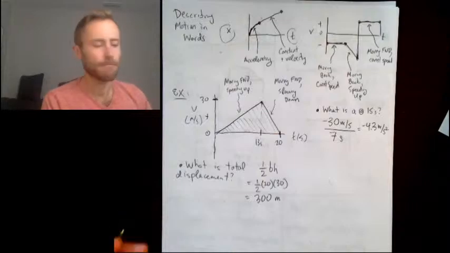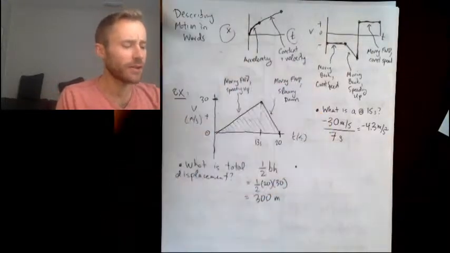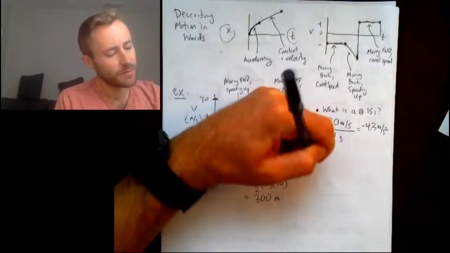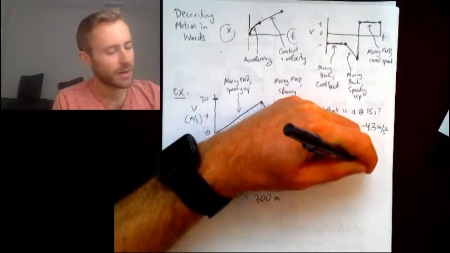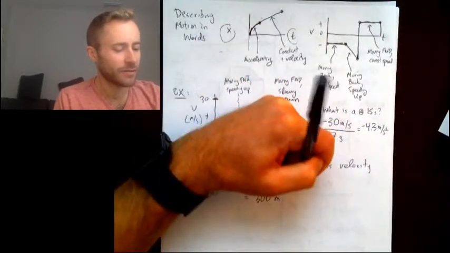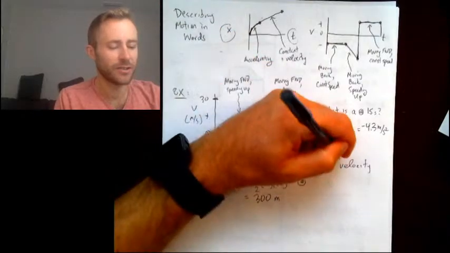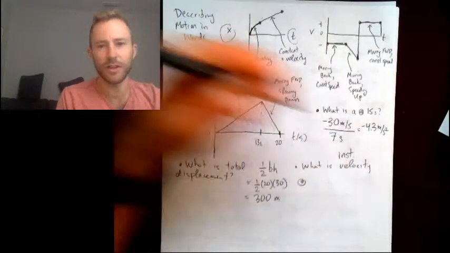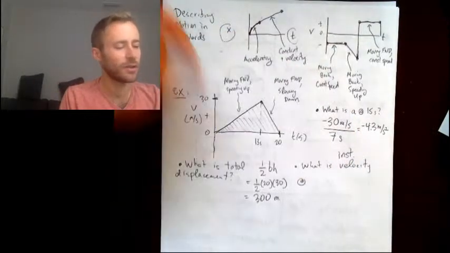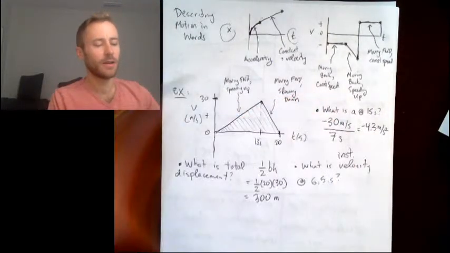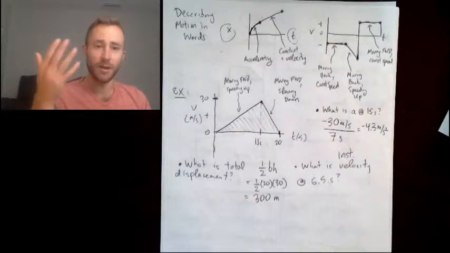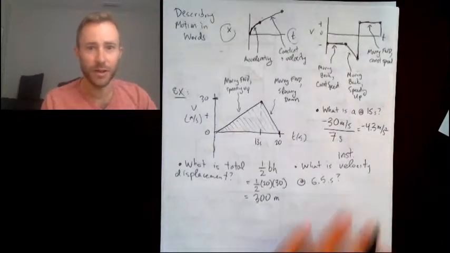All right. What if I asked, what is the velocity at, so this would be the instantaneous velocity. What is the instantaneous velocity at 6.5 seconds? So what if I want to get the velocity from a velocity time graph? Okay.